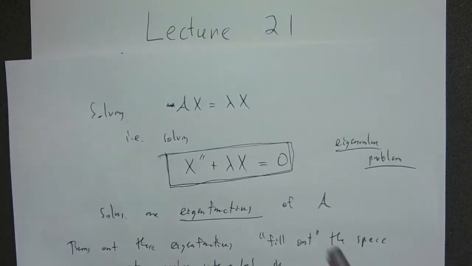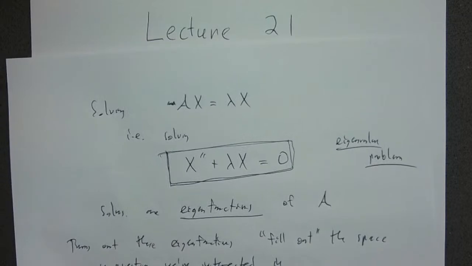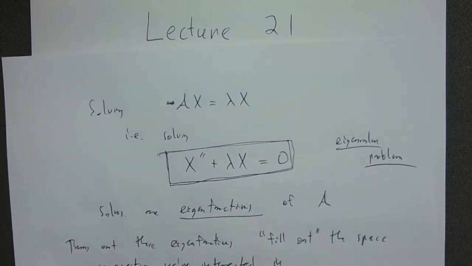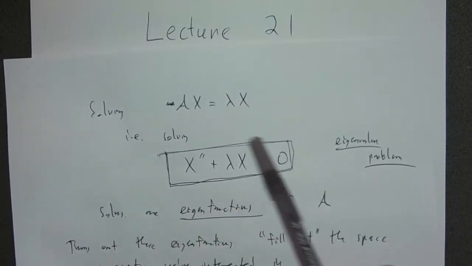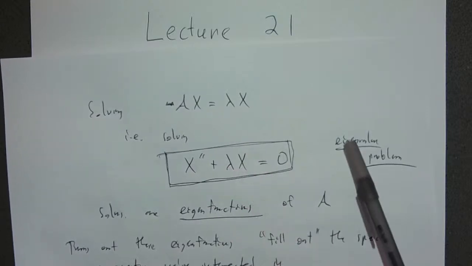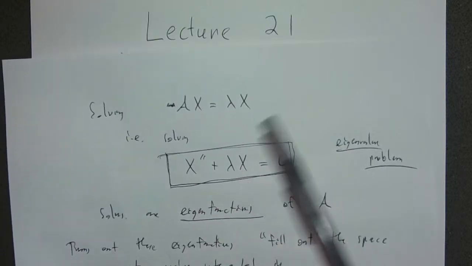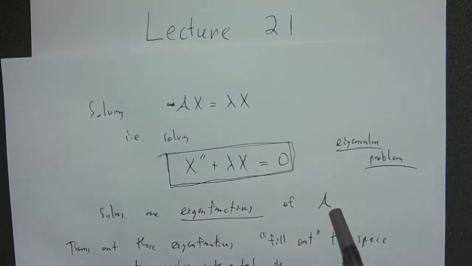This script A is what we're calling a symmetric differential operator, which we defined in terms of the boundary conditions associated with this problem. This is the problem we want to find solutions of, and for each individual eigenvalue, a solution is called an eigenfunction of A associated to that eigenvalue.